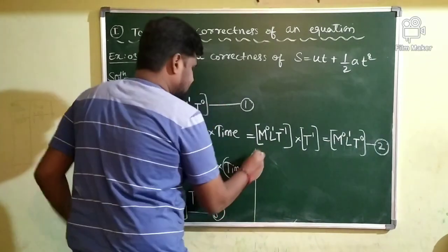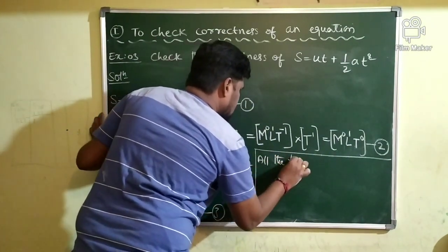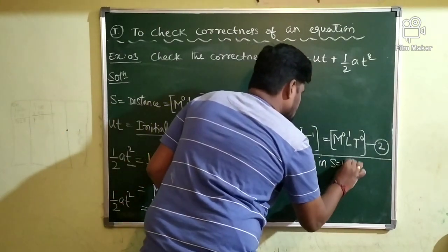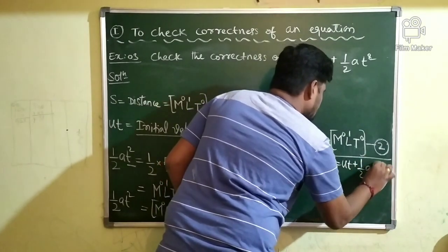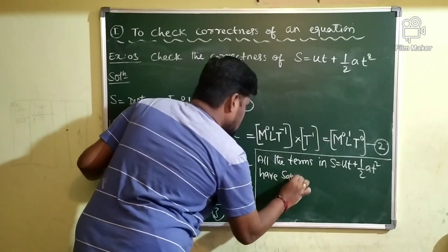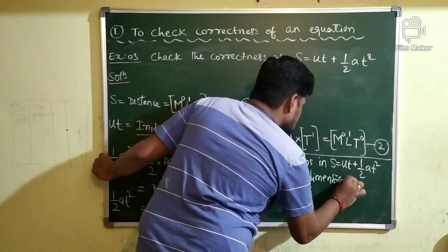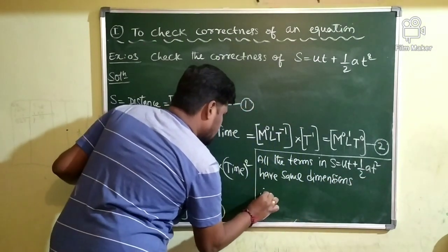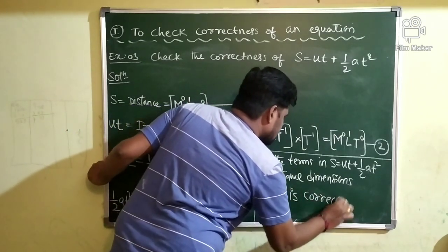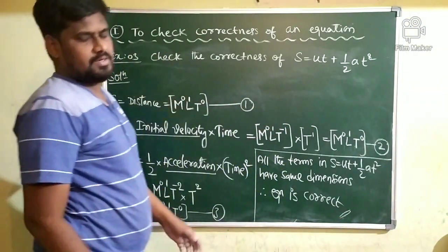All the terms in S equals ut plus half at square have the same dimensions. Therefore, this equation is a correct equation. Okay?